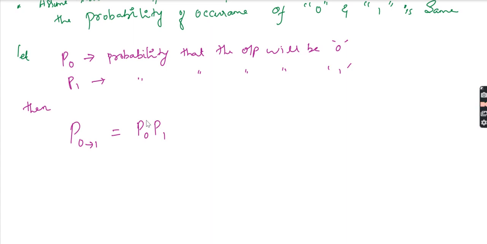The P0 is the probability that the output will be 0, and the P1 is the probability that the output will be 1.